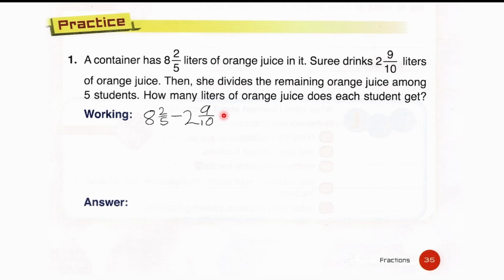The next part. Then she divides the remaining orange juice among 5 students. Now we must add the division. So divided by 5.